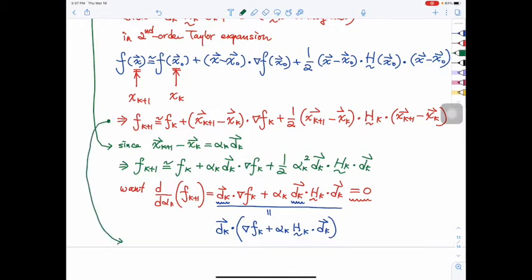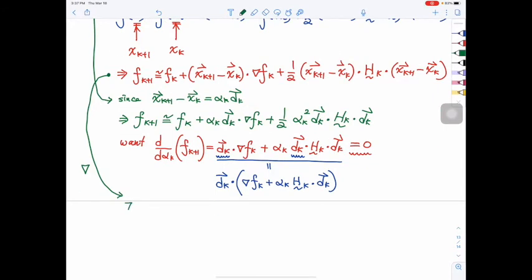If we do a first gradient, let's see what happens.